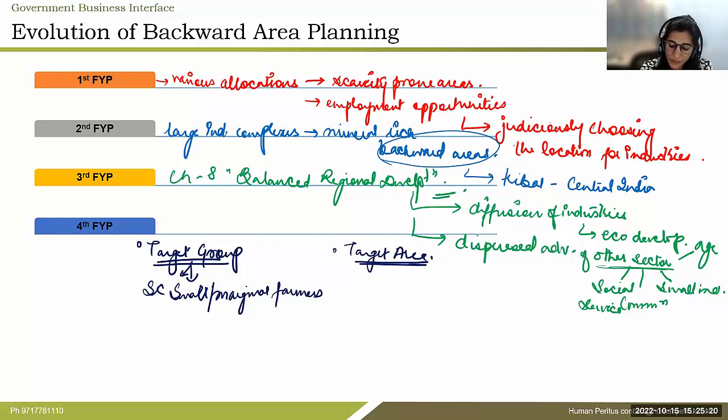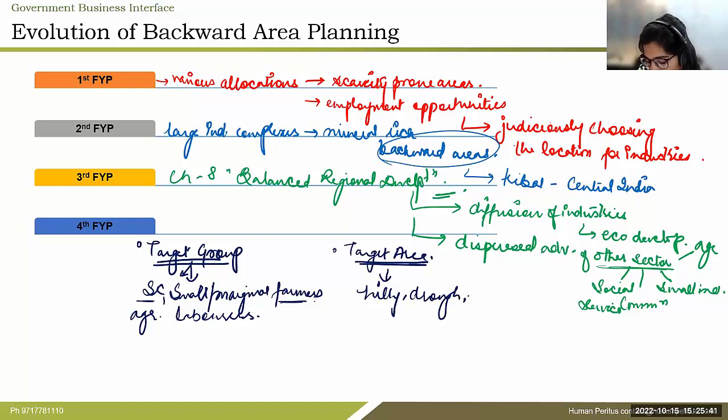All right, even SCs, STs, and even the laborers, the agricultural or other laborers were also being considered as the target group. Now, what comes under the target area? Target areas were the areas basically which were hilly in their terrain, which were drought prone, and other things also we can include here.